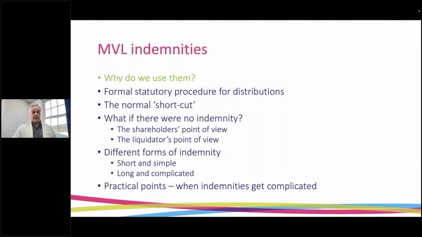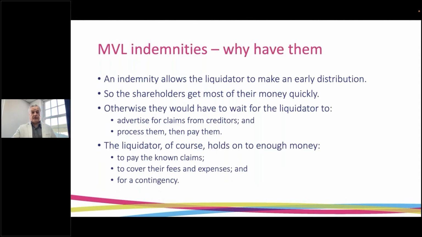So let's start by looking at why we use indemnities, and the commercial justification for this. The commercial reason really is that it allows you as the liquidator to make an early distribution, and that way the shareholders get most of the money that is due to them from the MVL very soon after appointment.